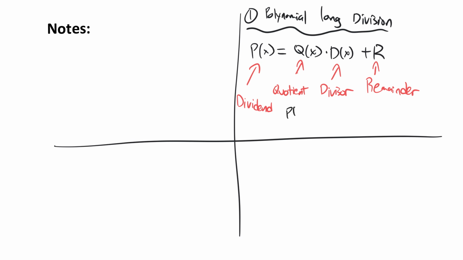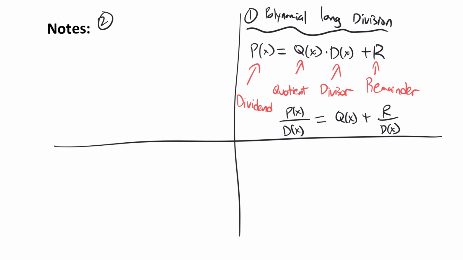You could write it as P of x divided by D of x, which will equal Q of x plus R over D of x. Basically, to get this other version, I've simply divided each term by D of x. And this is sort of the fractional form of the same equation.